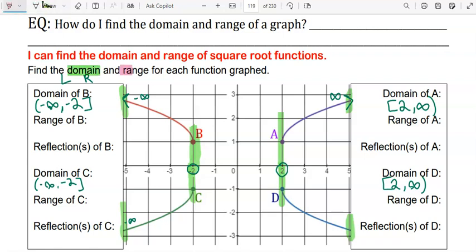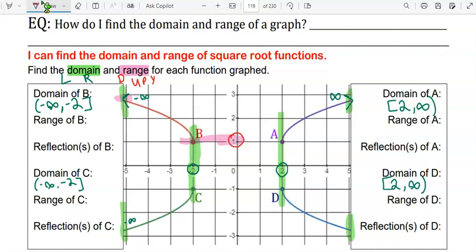Now for the range, that's down, up, y. We look at the lowest y and then the highest y of the graph. So for the range of B, the lowest goes through 1, the highest goes off the page.